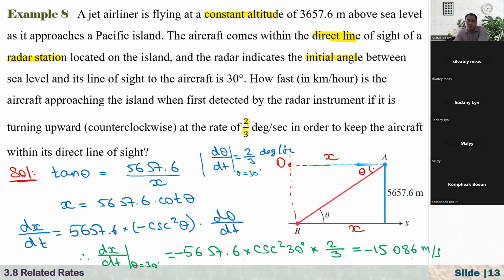Then we can change this into kilometers per hour: just multiply this by 3600 over 1000, and we will get the answer in kilometers per hour.